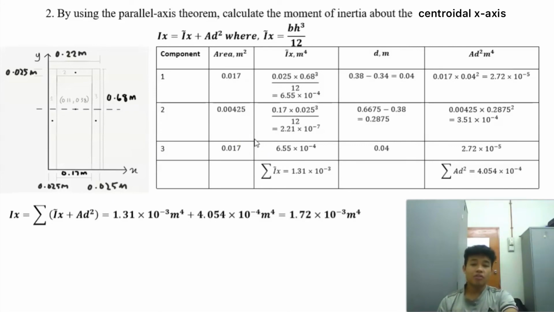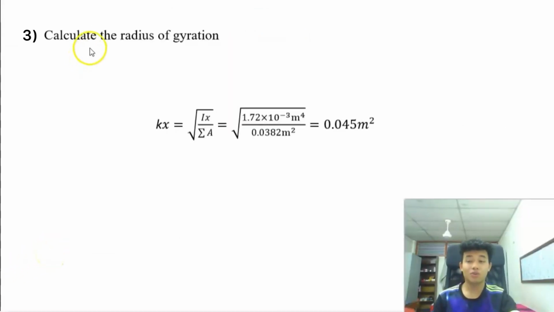we sum up the values using the following equation, which is Ix equals Ixc plus AD squared. And the value of the moment of inertia about the x-axis is 0.72 times 10 to the power of negative 3 m to the power of 4. So now, we need to calculate the radius of gyration, which is kx.